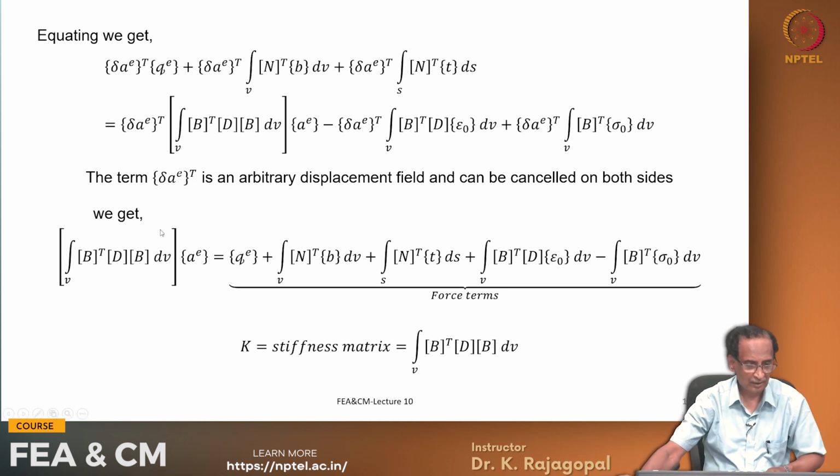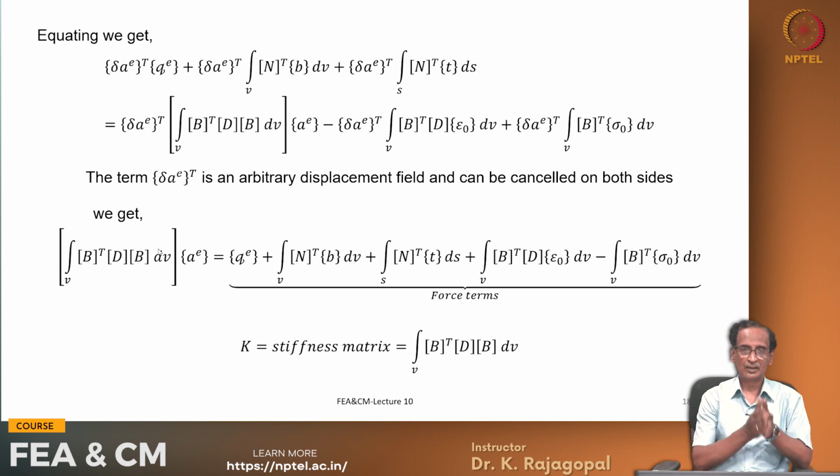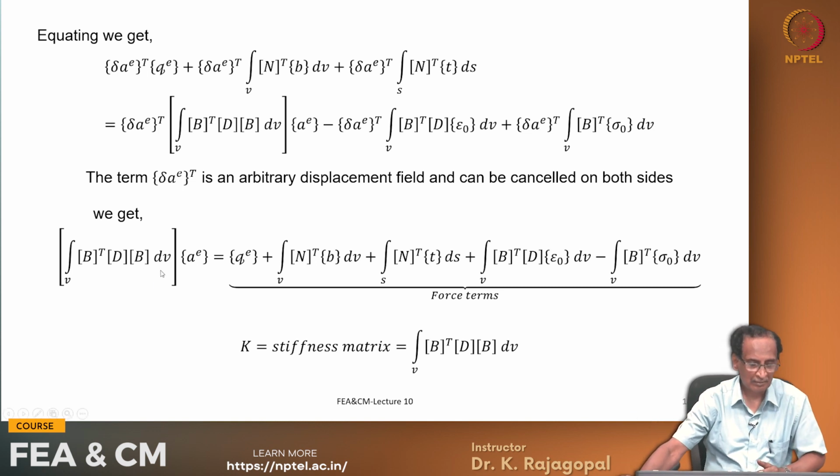So, this unknown quantity B transpose dB must be stiffness, right, because as we recall, stiffness multiplied by displacement is equal to force. So, on the right hand side we have the force, and on the left hand side we have B transpose dB integrated over volume V multiplied by displacement.